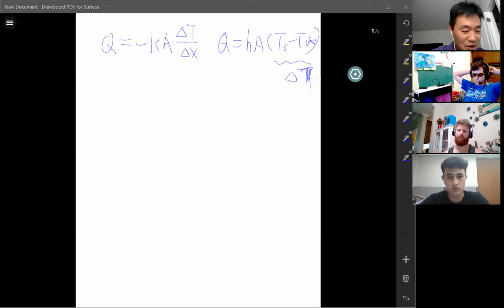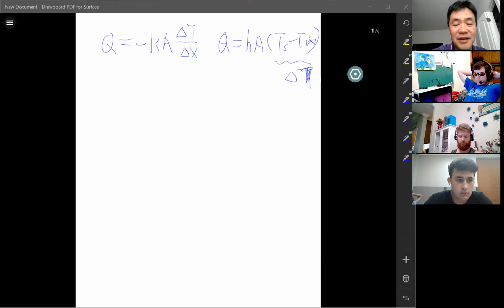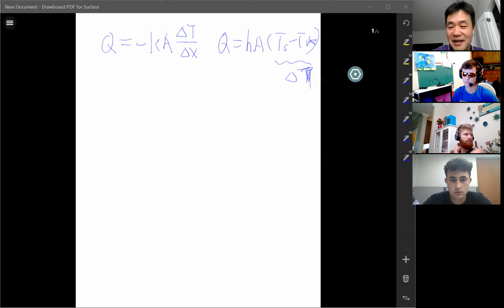That's the reason they put the vapor; sometimes you feel the cool air coming out there. Same thing for conduction. If you don't have a temperature difference, no matter how big your conductivity is, no matter how big the heat transfer surface area is, there's no heat transfer if there's no temperature difference.